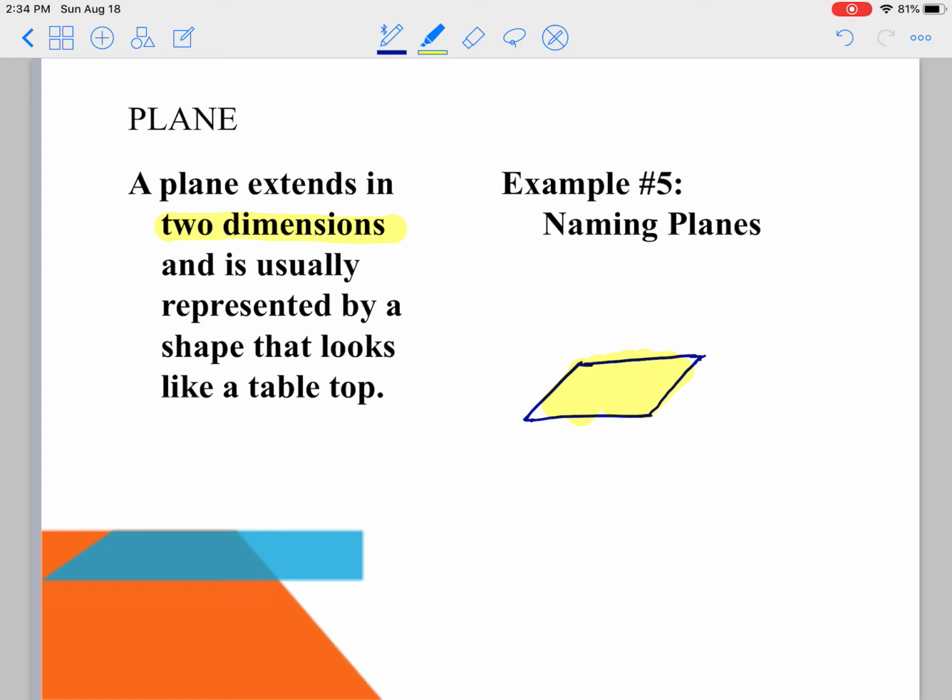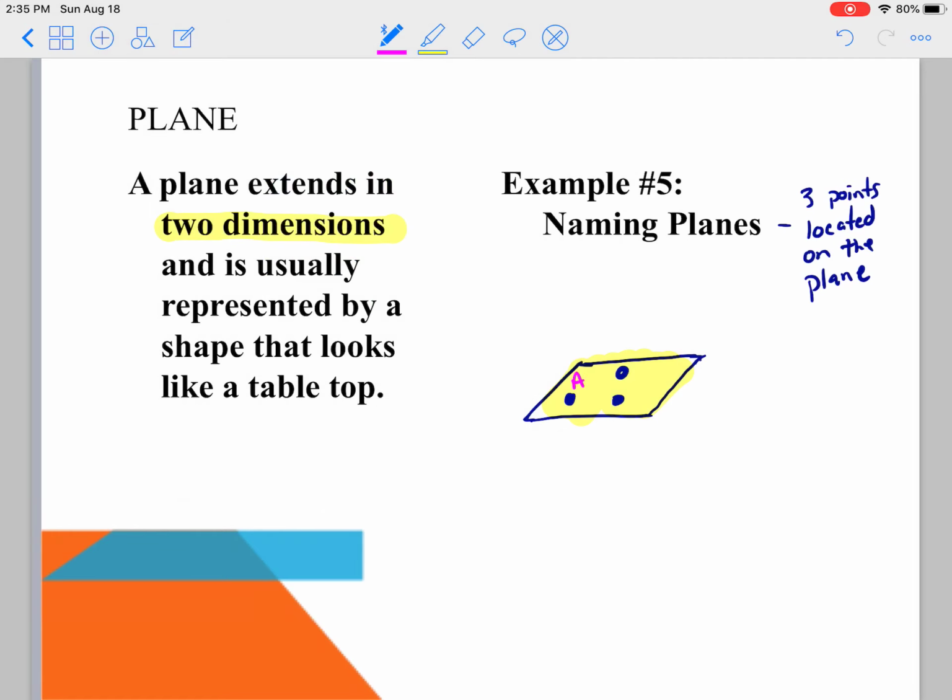But we have to have some sort of naming convention, some type of diagram, so that we can actually work with a plane on a finite piece of paper, something that does have boundaries. So the way that we are going to name planes is by 3 points located on the plane. Those are my points that are on the plane.